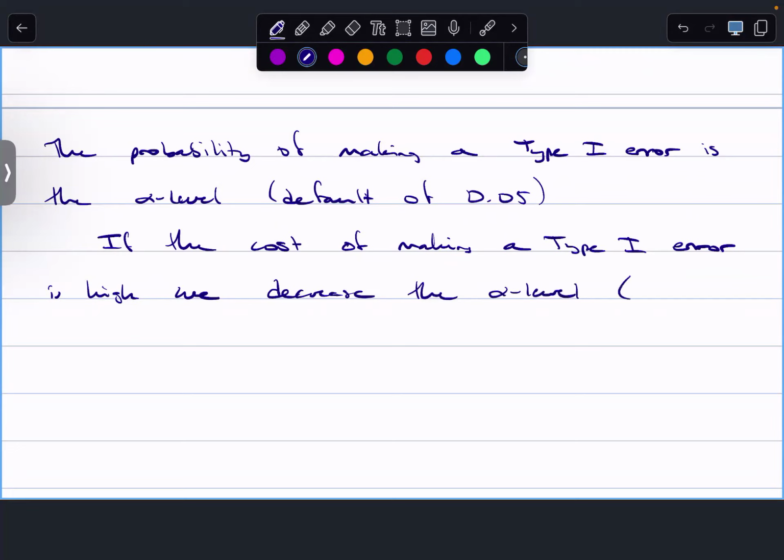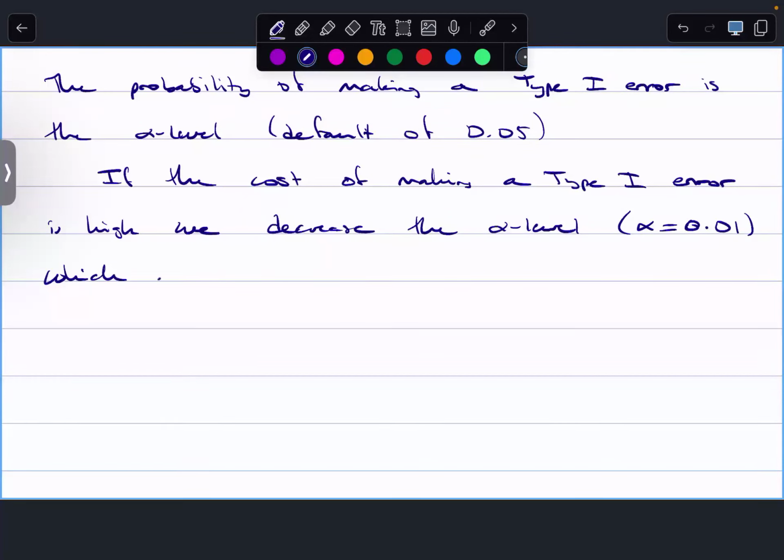We can decrease it maybe to 0.01, making it harder to reject H naught, right? If it's harder to reject H naught, then you have to have strong evidence, right? And so especially if you're doing vaccination studies, you're probably not okay with a 5% level. You should probably decrease it to 1%, right? Or maybe even something smaller, but 0.01 is usually good, right?